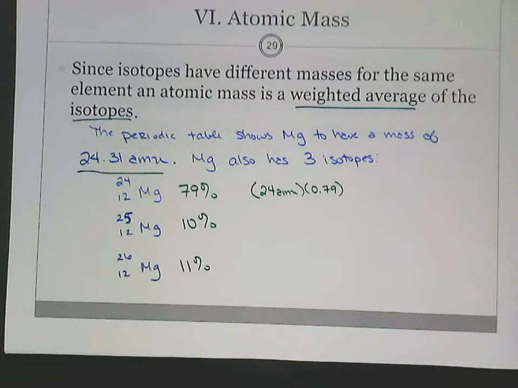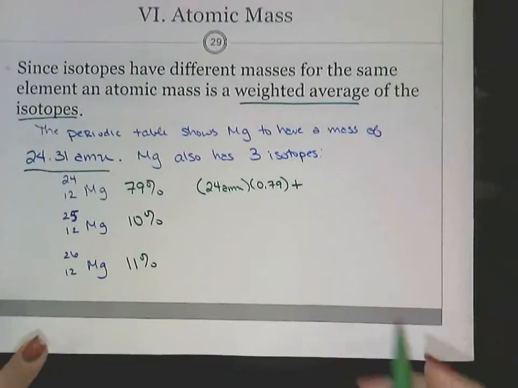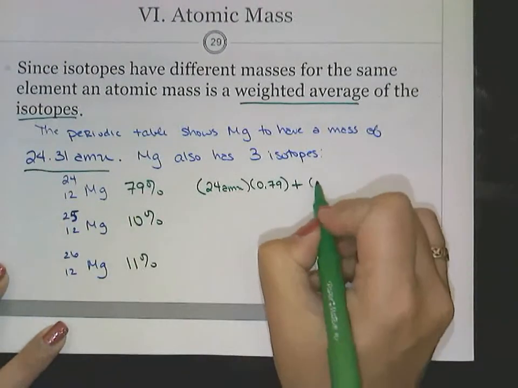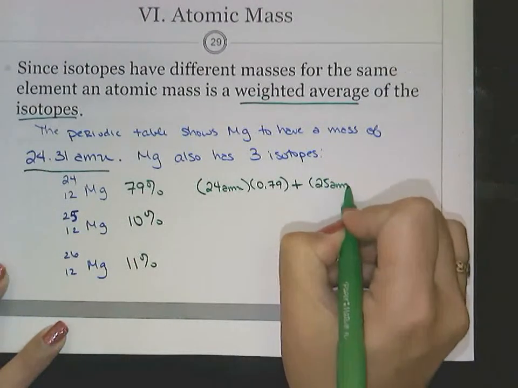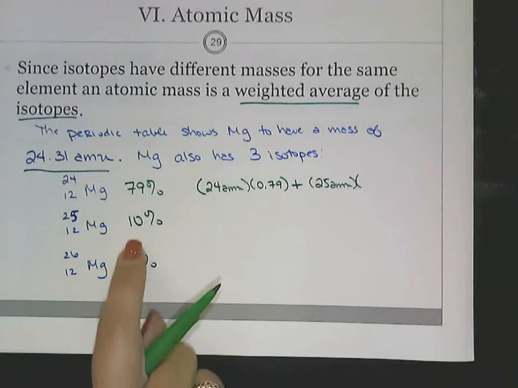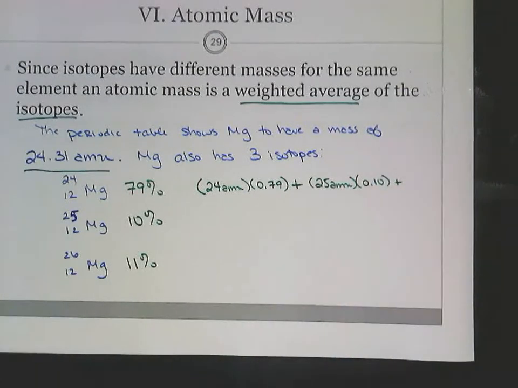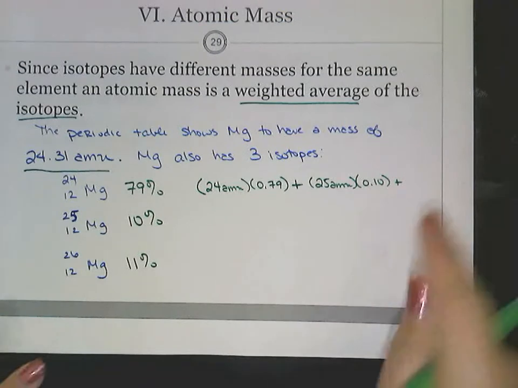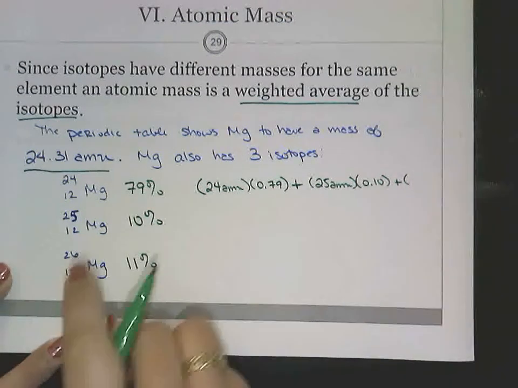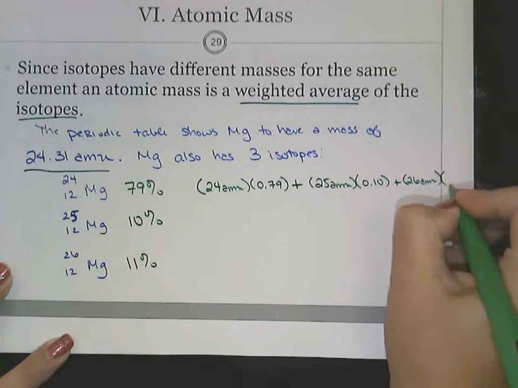I'm going to add that to the next mass, which is 25. Well, what do I multiply that by? I heard it, right? 0.1. And I ran out of space on my paper. I'll write real small. Then the last mass is 26. And I multiply that by 0.11.